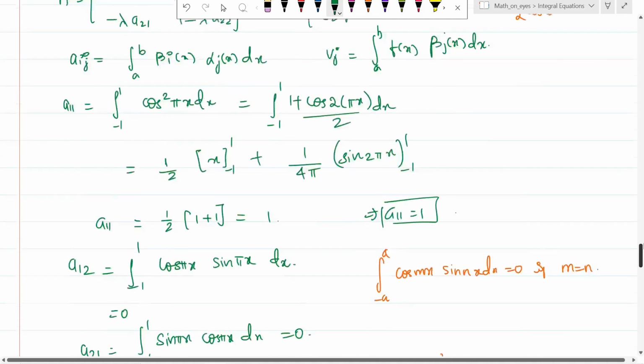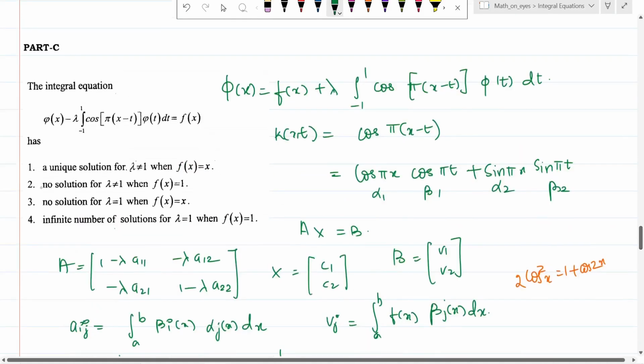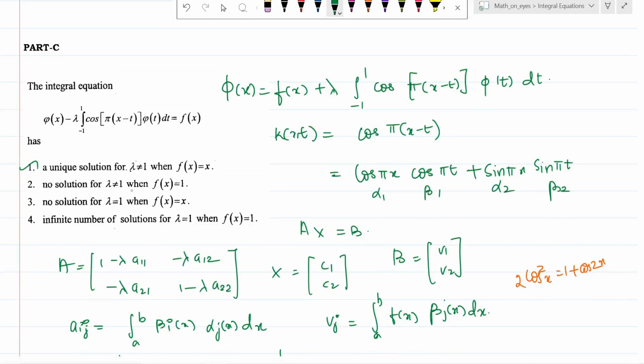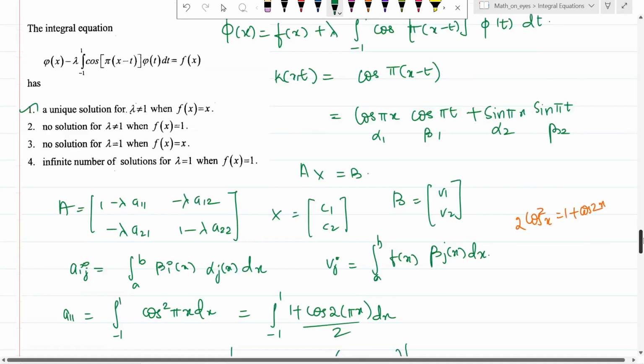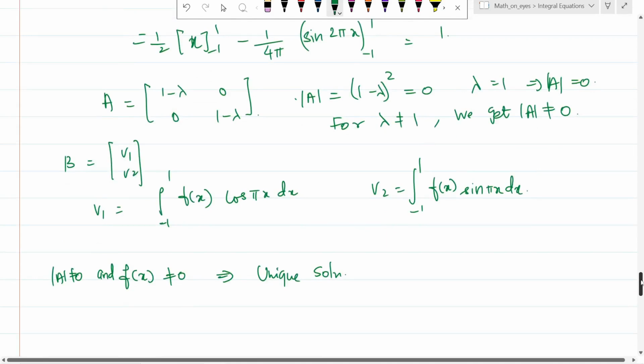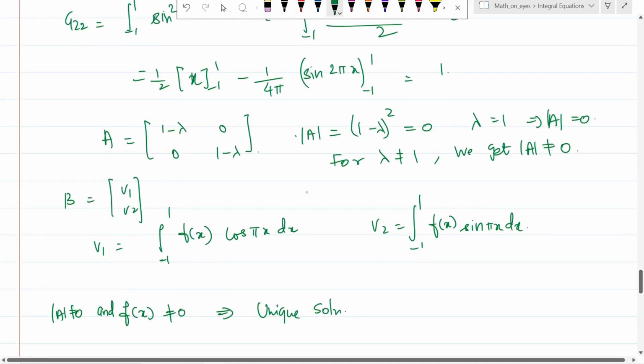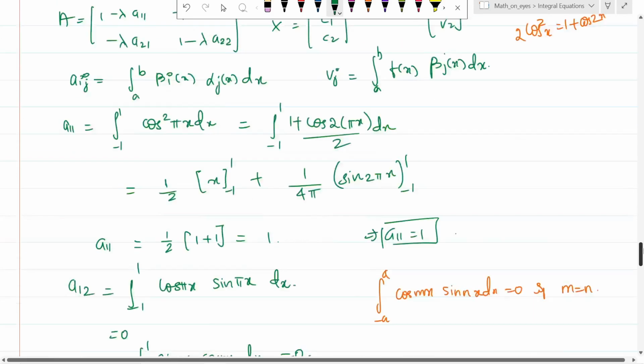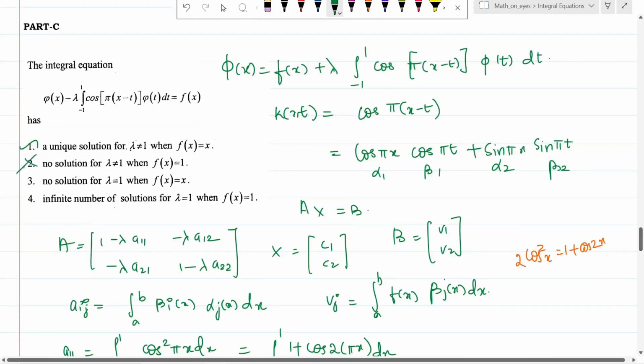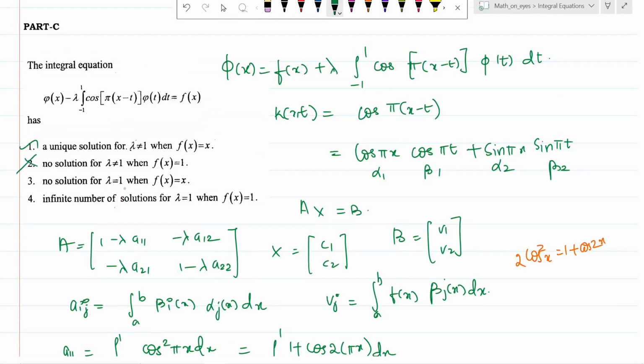So we get a unique solution. B: no solution for lambda not equal to 1 when f of x is equal to 1. Now, no solution means the determinant of A should be equal to 0. Here determinant of A is not equal to 0 for lambda not equal to 1. So no solution is not at all possible. Option B is false.